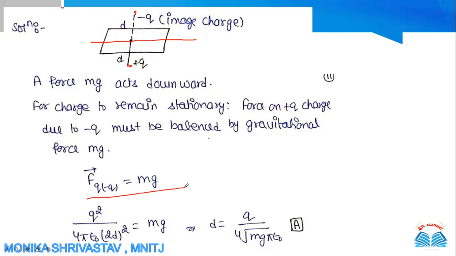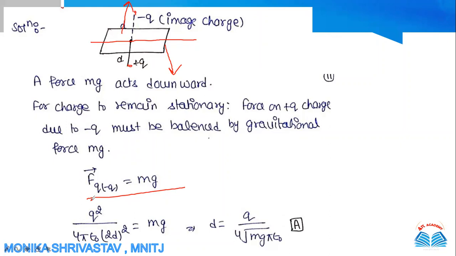So the gravitational force mg will act downward, like in this direction. And this minus q charge will pull this charge in the upward direction. So this charge will be stationary if these two forces are balancing each other.